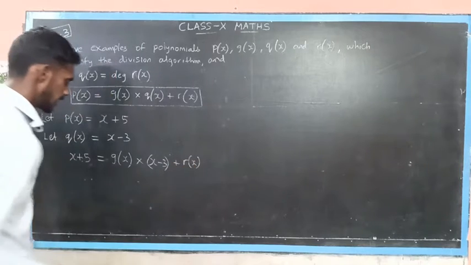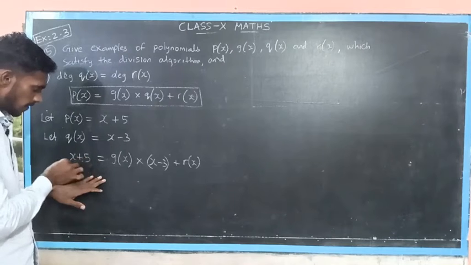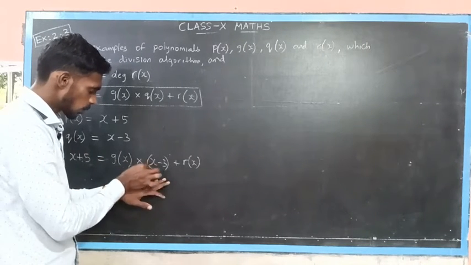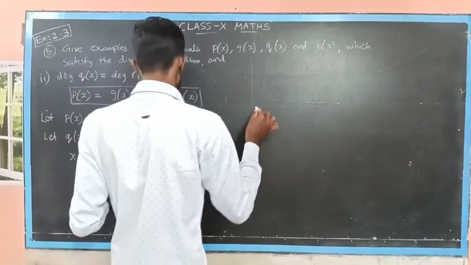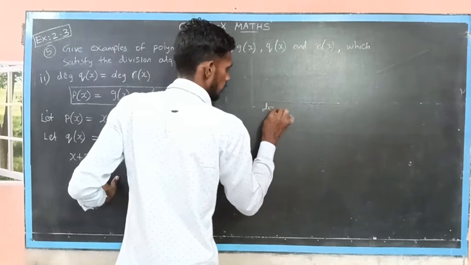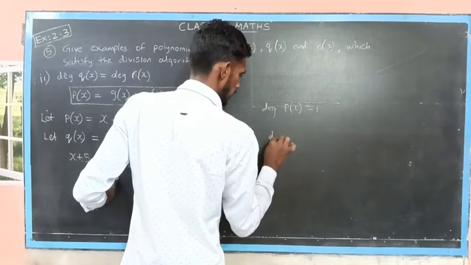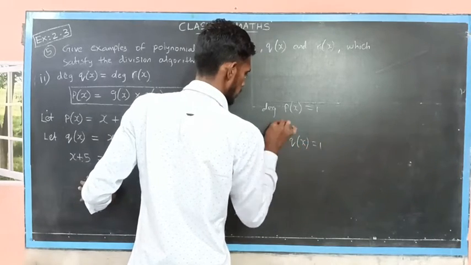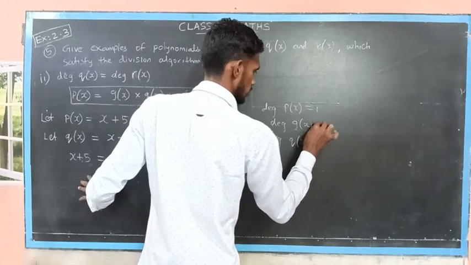Okay. See here, the degree of the p of x polynomial is 1 and the degree of the q of x polynomial is also 1. So, by applying the deductions, here the degree of p of x is equal to 1 and the degree of q of x is equal to 1. We have to find the degree of g of x, right.